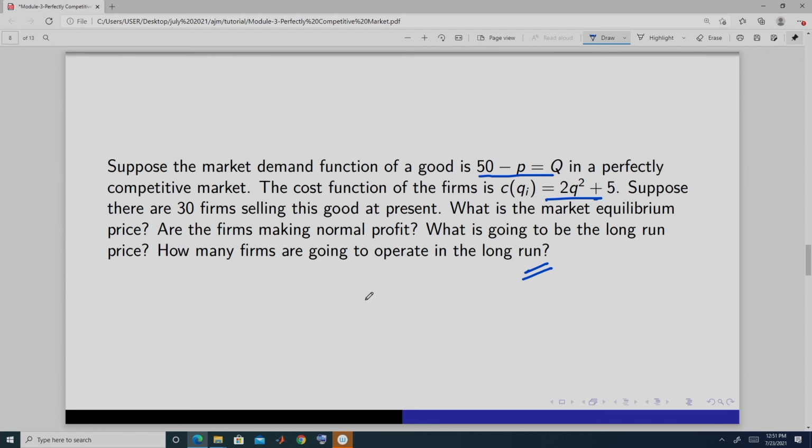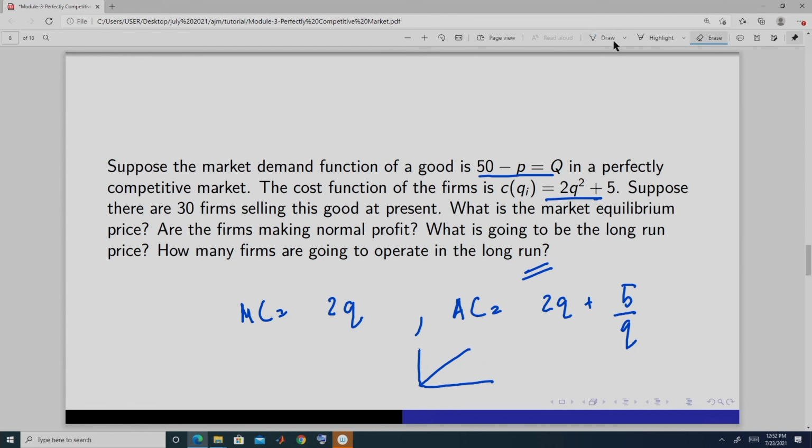Now, here if you look at this, marginal cost is 2Q. Average cost is this. So, marginal cost is this, average cost is something like this.